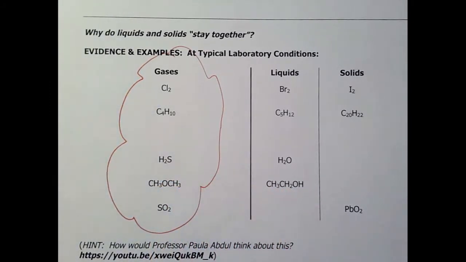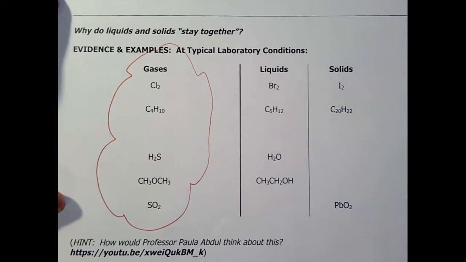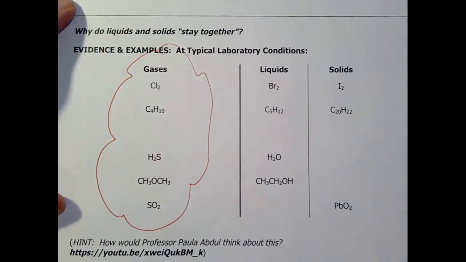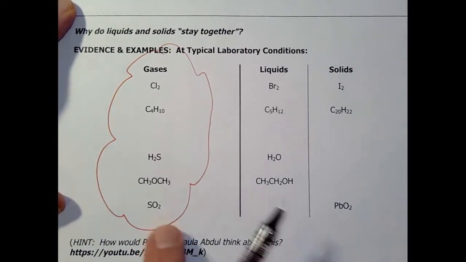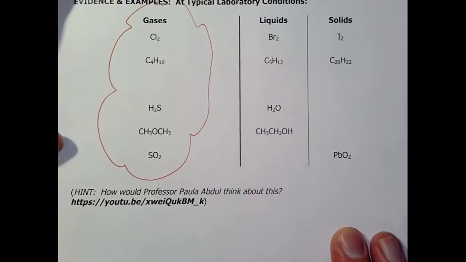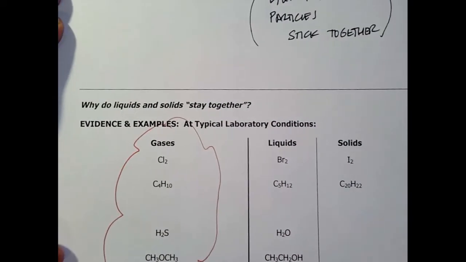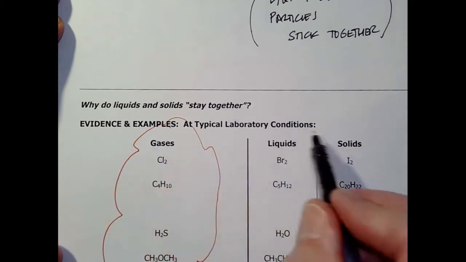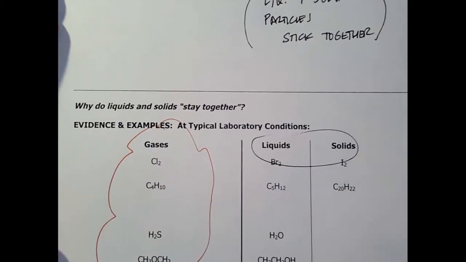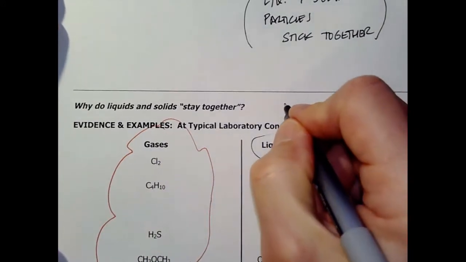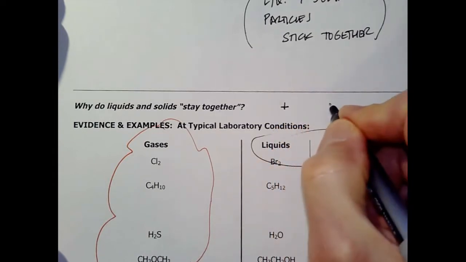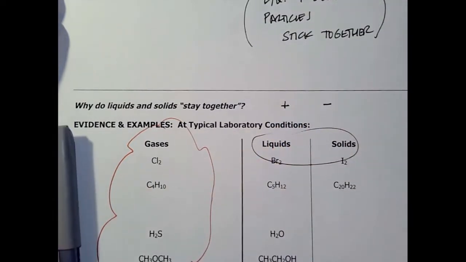And so it comes back to almost the joke I made on the first day of the semester, where I said, well, these are not sticking together. Why are these sticking together? Why do liquids and solids somehow stick together? Well, somewhere there's something that looks like that, and there's something that looks like that.